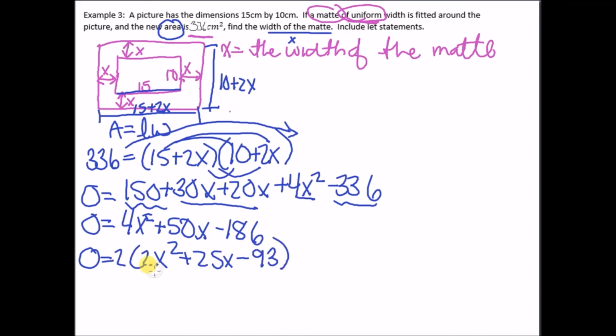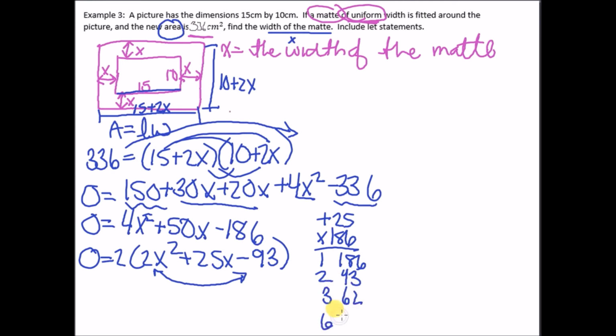Okay, and take a look here, the coefficient is 2, so we have to multiply those two together. What two numbers multiply to 186 and add to 25? So 1 and 186. 2 and 93, of course. 3 and 62. 6 and 31.